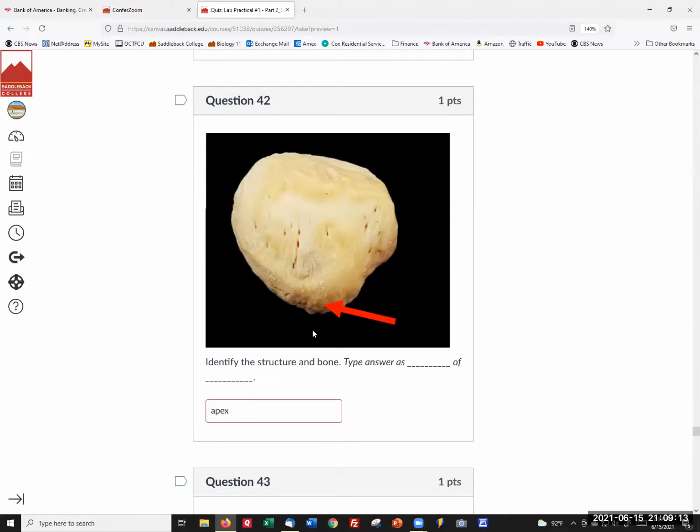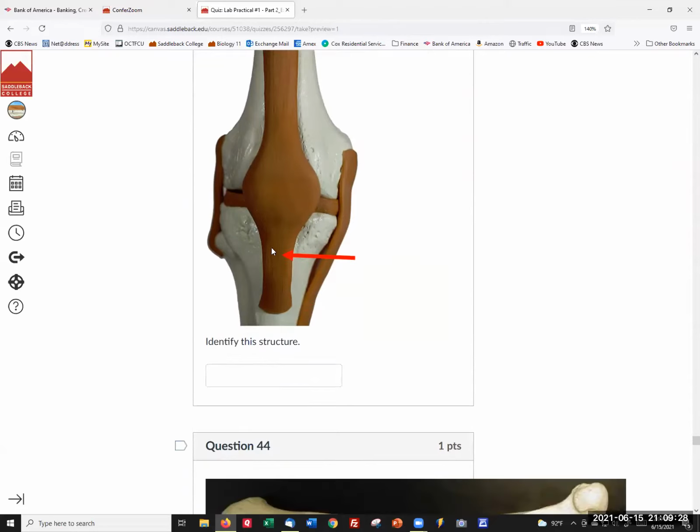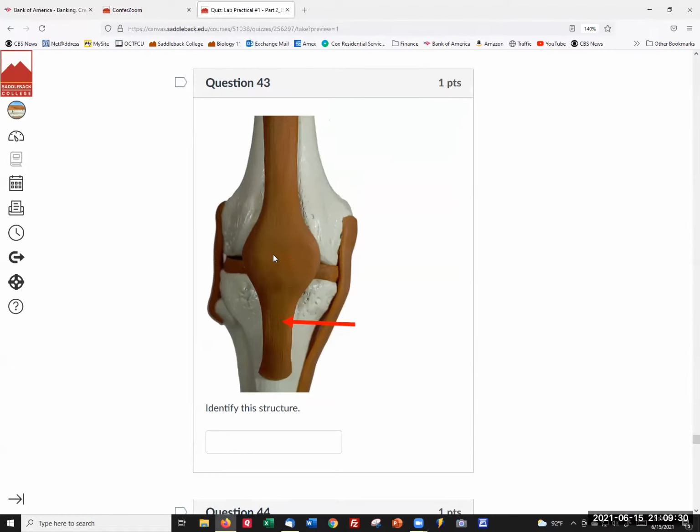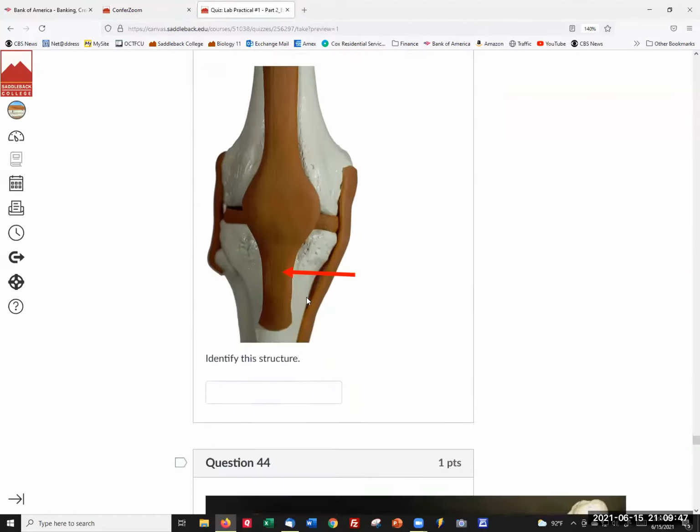What else could it possibly be? That's how I tell anyway. Take a look at it a couple of times before you come to the test. You have to put apex of the patella up on the top question. Oh God. Yeah, I'm going to miss it. Nothing we have to worry about.